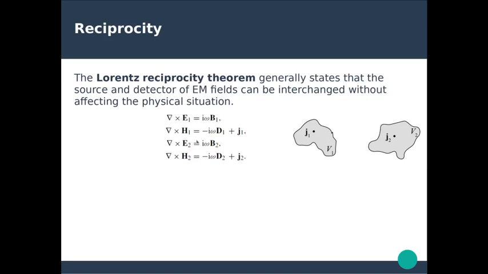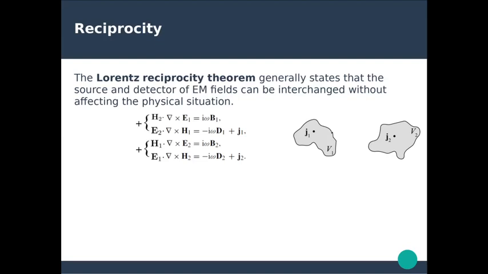And this can be described using Maxwell's curl equations. We have two sets of Maxwell's curl equations, electric and magnetic field for the first distribution, and electric and magnetic field for the second distribution. So now we can manipulate those equations a little bit. We can multiply each of these equations by the complementary field. I discuss this in more detail in the other video.